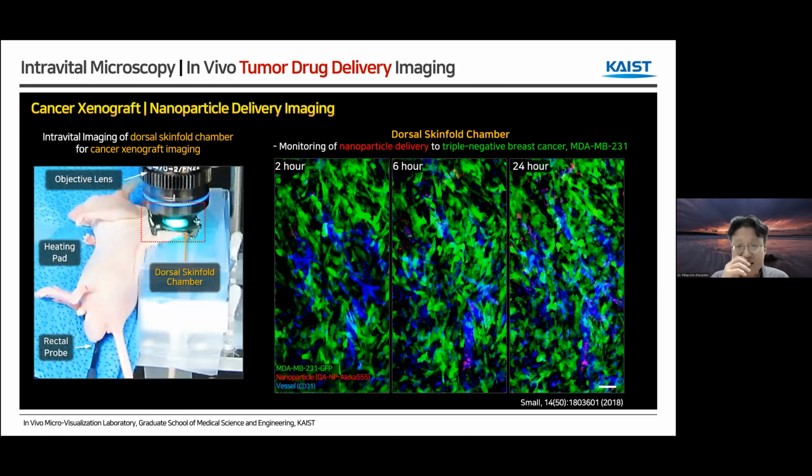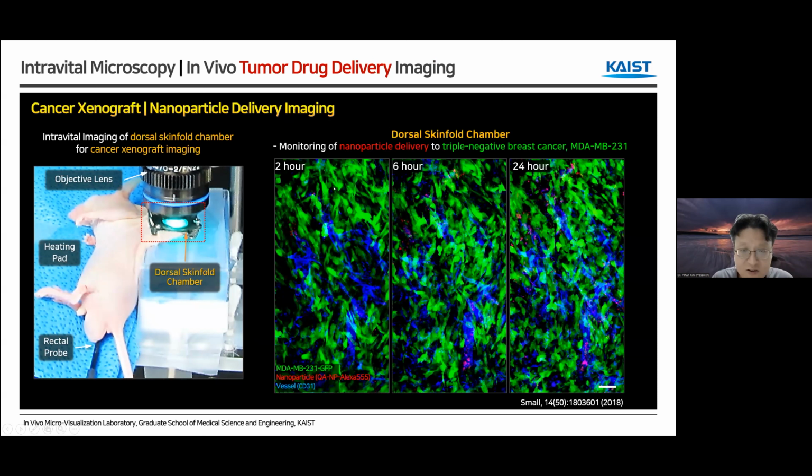Okay, so now we can extend the time period, we can extend our imaging time. This is another example of imaging nanoparticle delivery to the tumor model, to the cancer model, by using this dorsal skin fold chamber. This is 2 hours, 6 hours, and 24 hours after the intravenous injection of this fluorescent nanoparticle through the tail vein again.